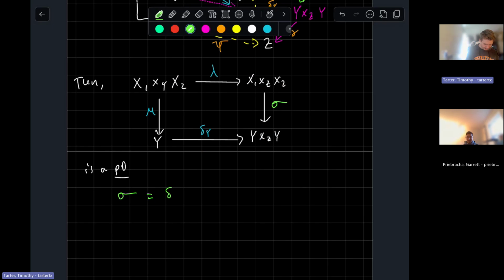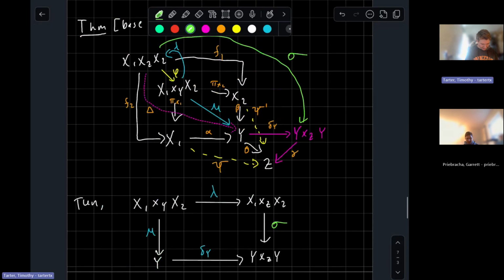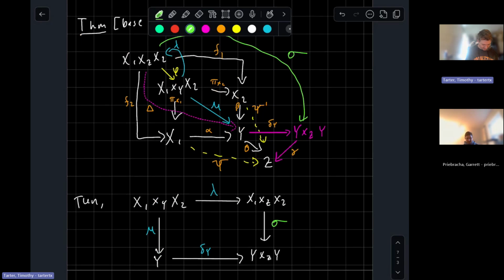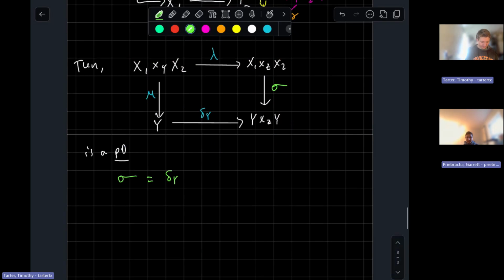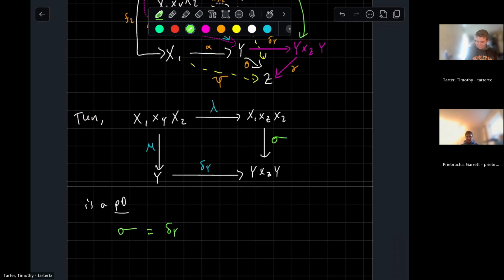So sigma starts with delta y, and then now we have 1, 2, 3, 4, 5 paths that this could take. You will appreciate how useful this diagram is when you repeatedly use the diagonal morphism in proofs and construction.